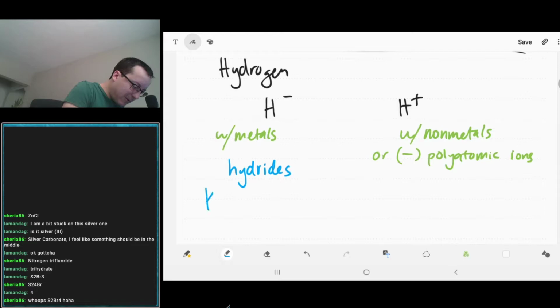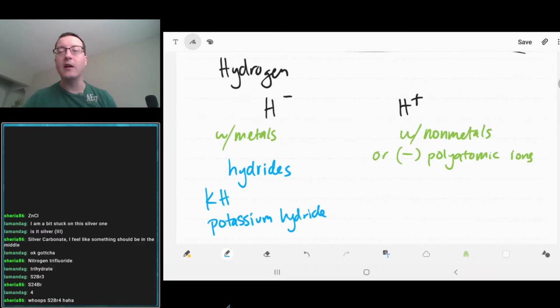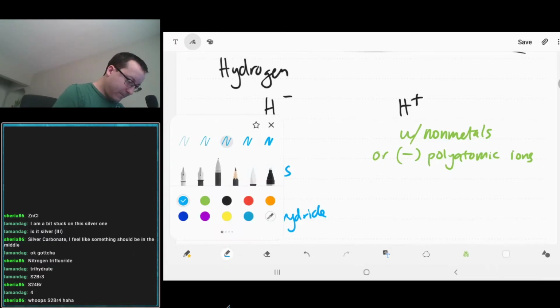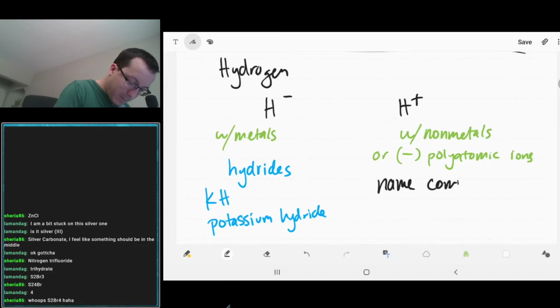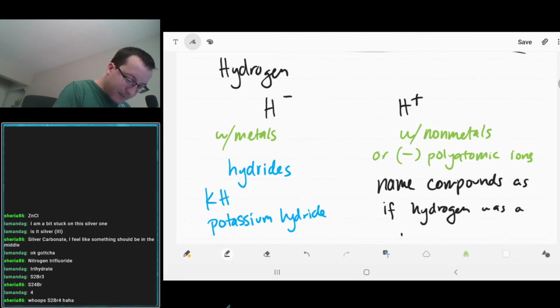And for example, we would name it like any other ionic compound. So even though hydrogen is technically a non-metal, we will name compounds as if hydrogen was a metal.